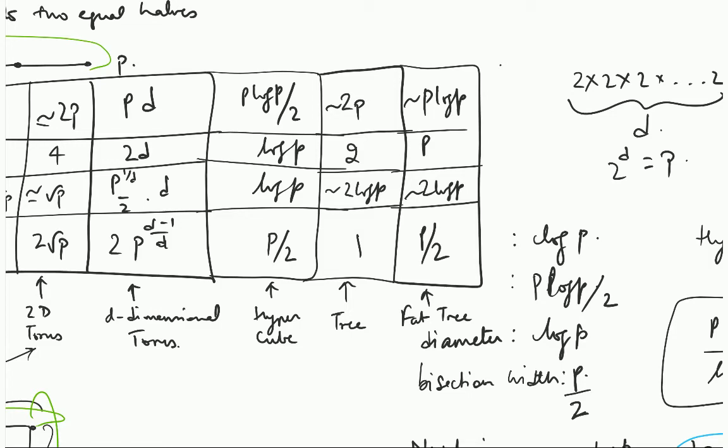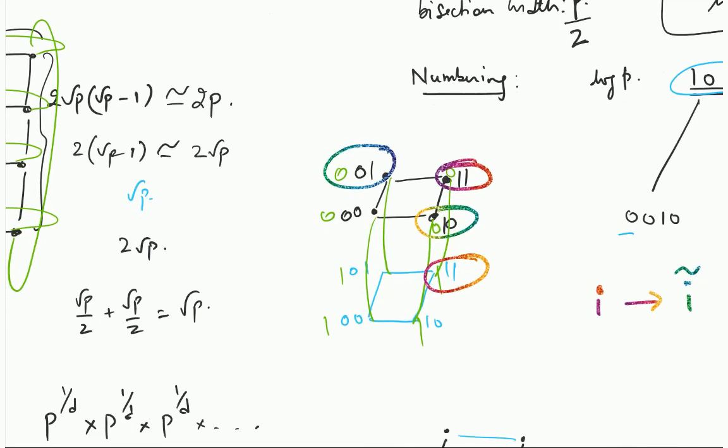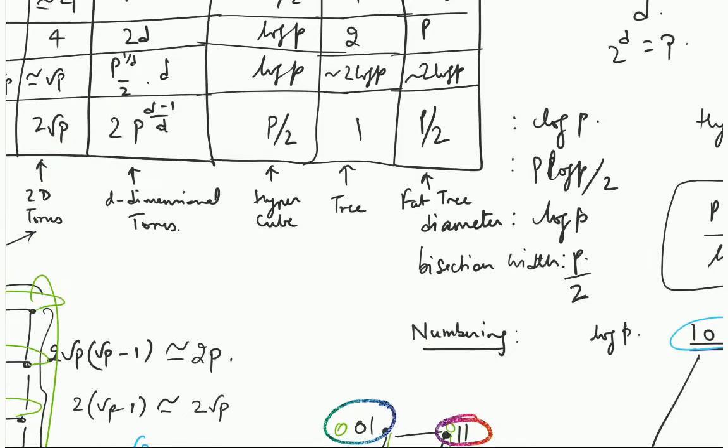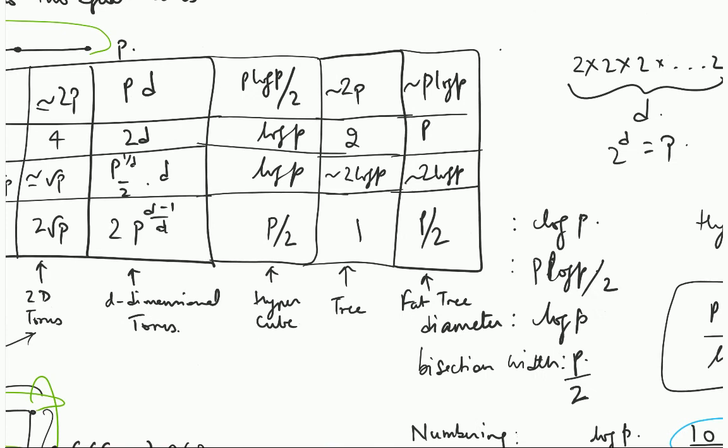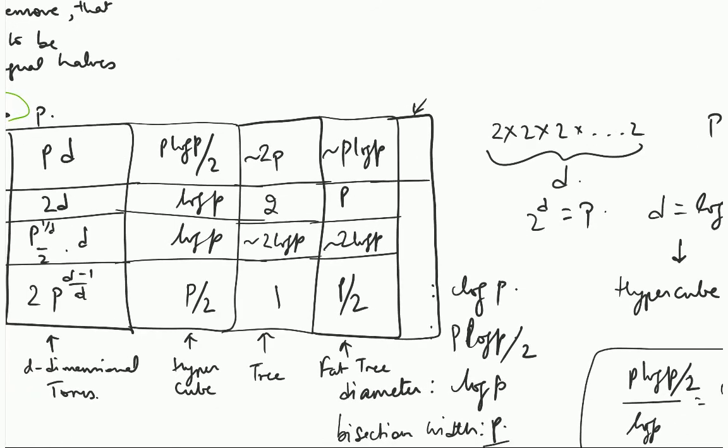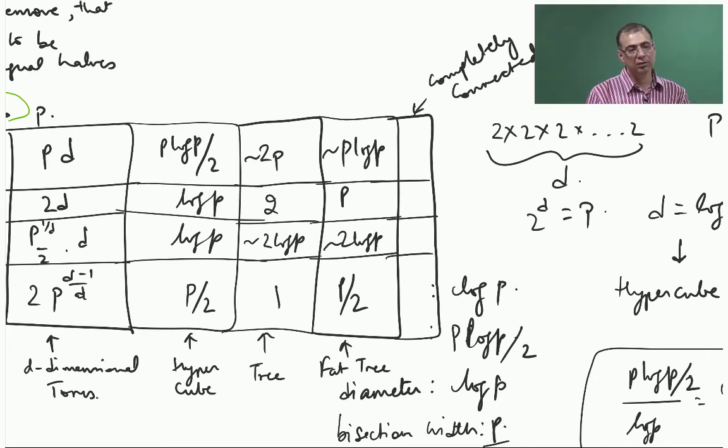Good. Finally, the last network, and this is essentially what we've already discussed. I don't think I need to draw it again. This is your completely connected network, or a clique. So what is the total number of links? Well, every node has p minus 1 links, roughly about p.